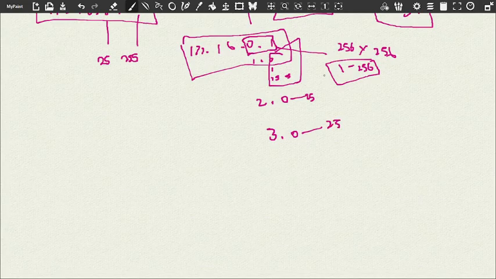That is the reason behind 256 into 256: there are 65,536 IP addresses in class B.